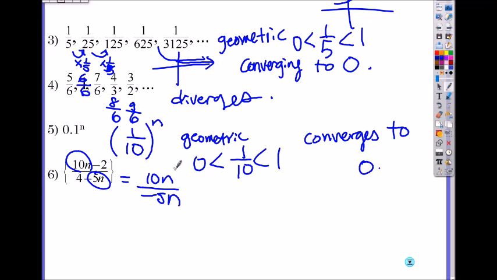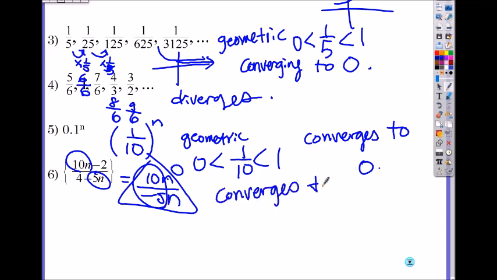And if the top has a greater degree, remember, it goes to infinity. If the denominator has a greater degree, remember the pyramid, if the bottom has a greater degree, it goes to 0. If they have the same degree, then you just have to look at the ratio. What's 10 over -5? -2. It converges to -2.